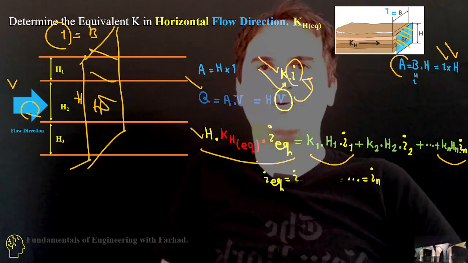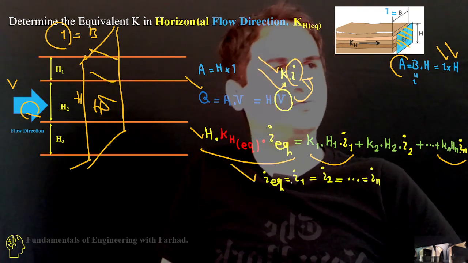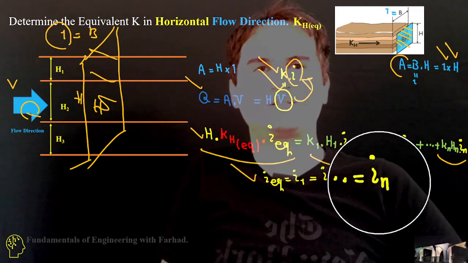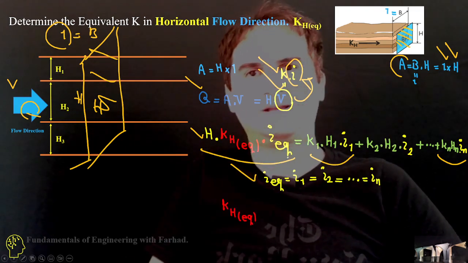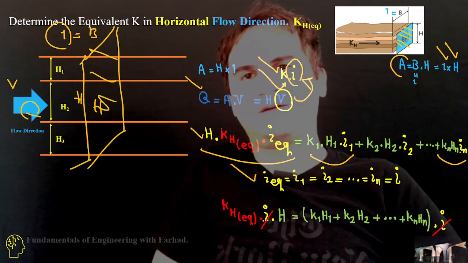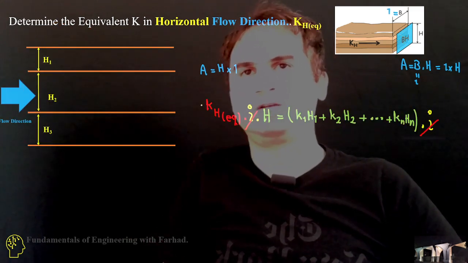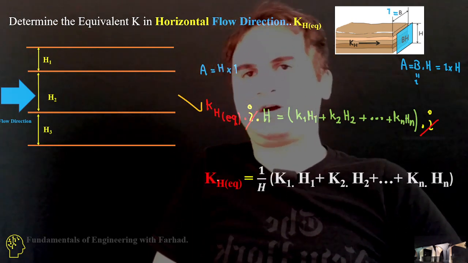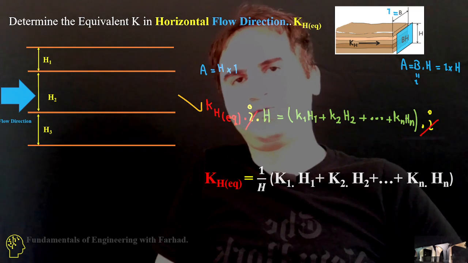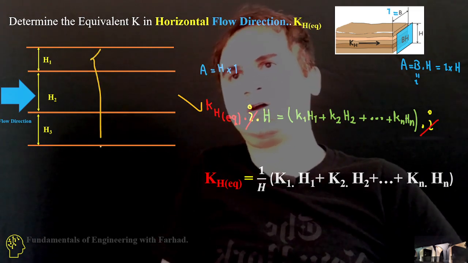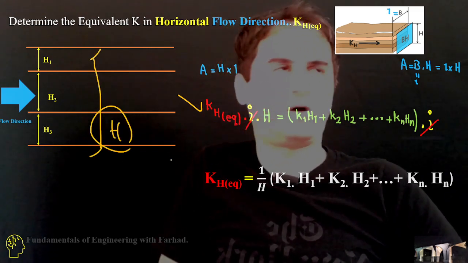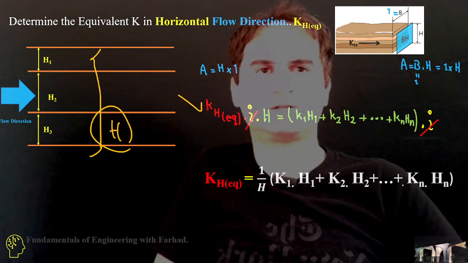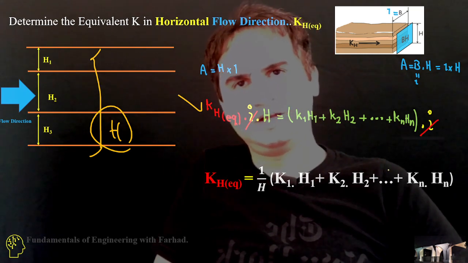We also know I is identical in all the layers. So if we take I out of the equation, cancel it out, and rearrange the equation, it gives us KH equivalent, the horizontal equivalent hydraulic conductivity, equal to 1 over H, where H is the total height of soil of all layers, times K1 H1 plus K2 H2 plus and so on, plus Kn Hn.